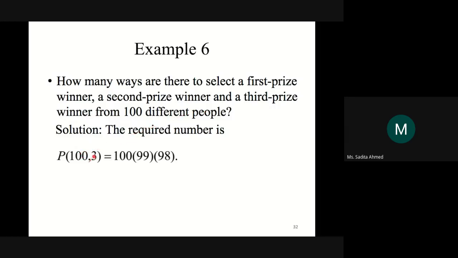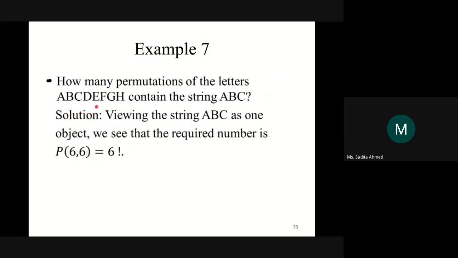You have to make only 3 choices here. However, here you're asked to count all possible permutations. So you have 6 distinct objects, and from there you have to choose 6 objects and rearrange them. That's why we have P66.